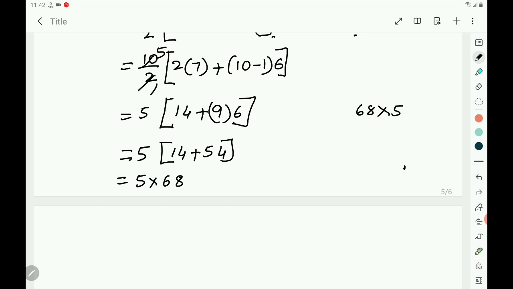Then 8 fives are 40, 4 carry, 6 fives are 30 plus 4, 34. Then the product is 340, which is the sum of first 10 terms of the given AP.